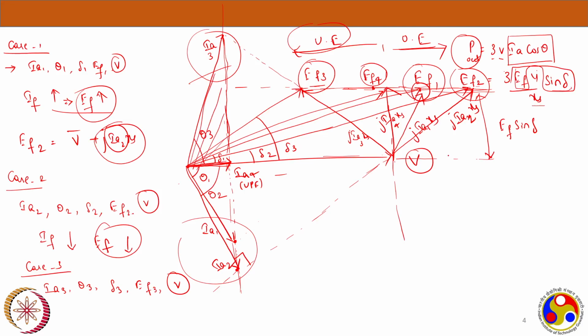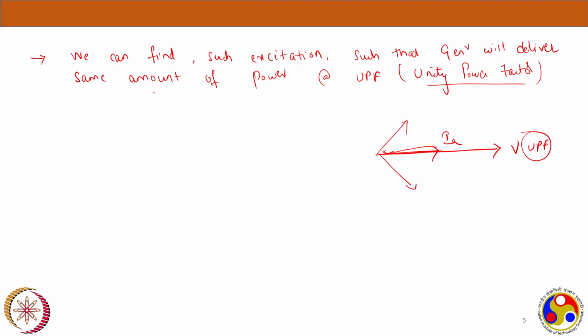So the length of IA is reducing, till this point. It will be the minimum length of IA in this locus, that is at the unity power factor. Now if you increase excitation further, the IA would increase. It comes here, here, slowly, slowly, and it will go into the lagging region. So that's exactly what we are going to draw here.